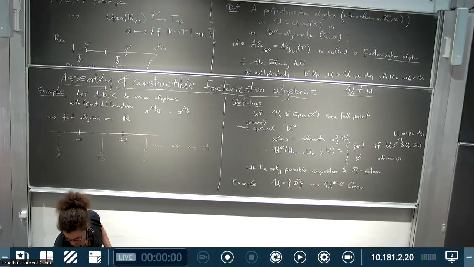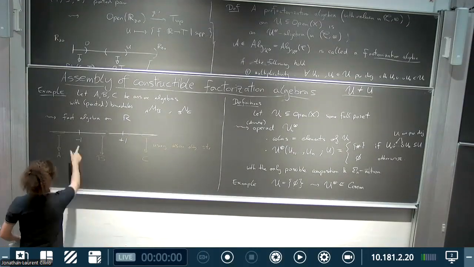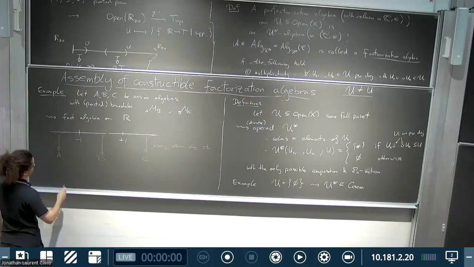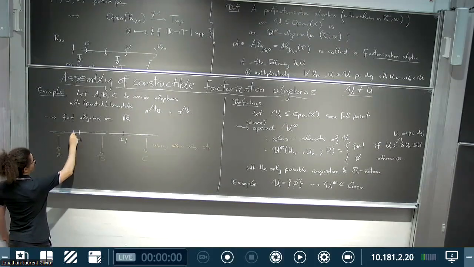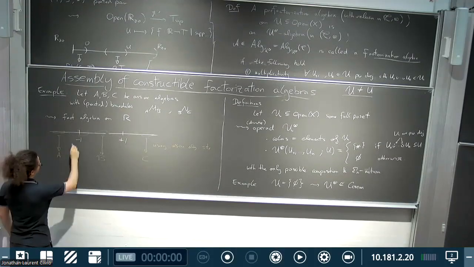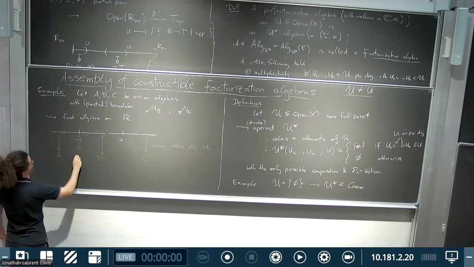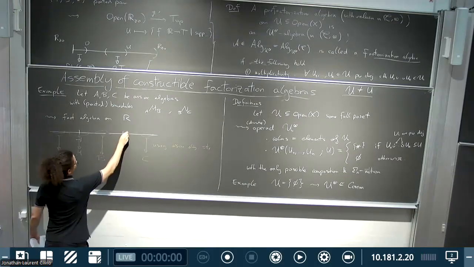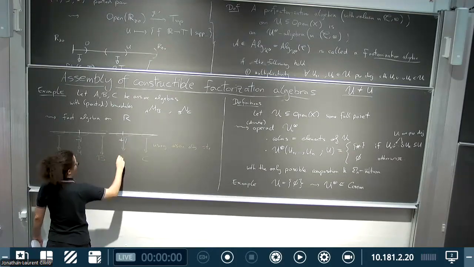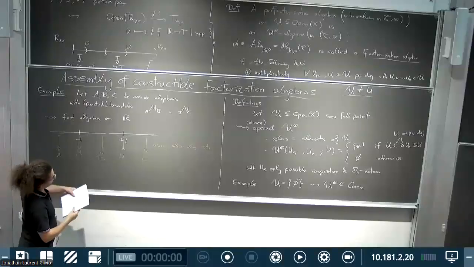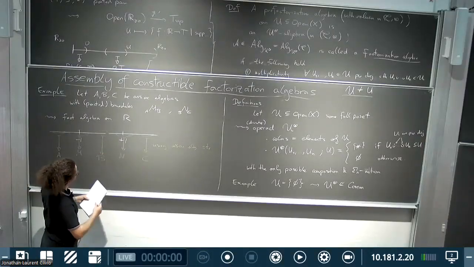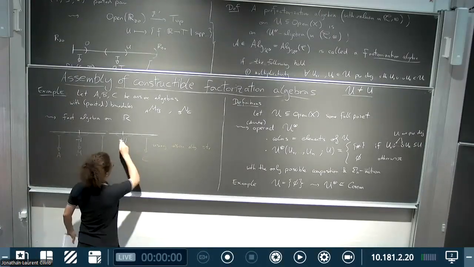But then we also have these special points, +1 and -1, and we say that every open that contains one of them gets sent to the two modules. Using the bimodule structure, you get this.